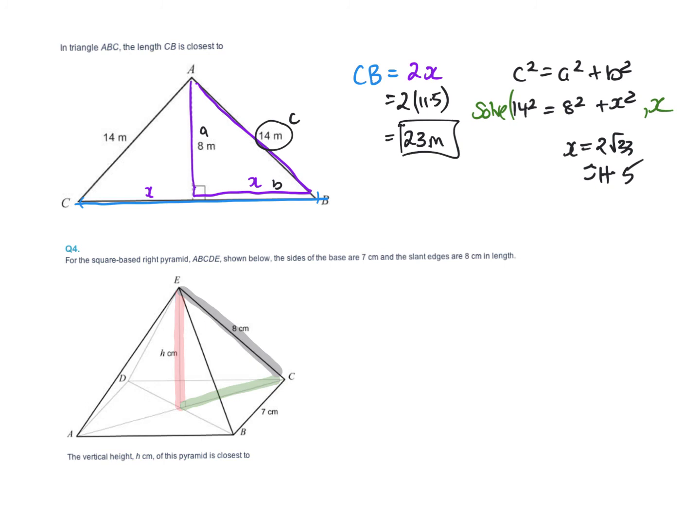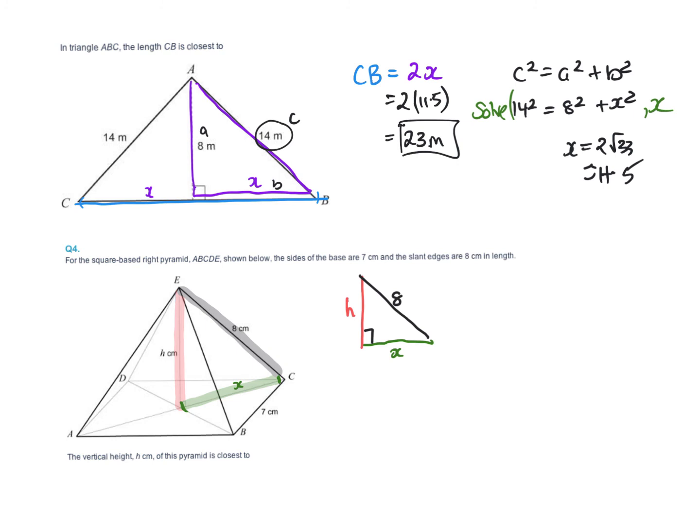So if I draw it flat on the page, I've got it like this and like that. So this is 8, there's the right angle, and I'm trying to find the height. So to be able to do that, I'm going to have to get this little distance here, which I'm going to call there, x.